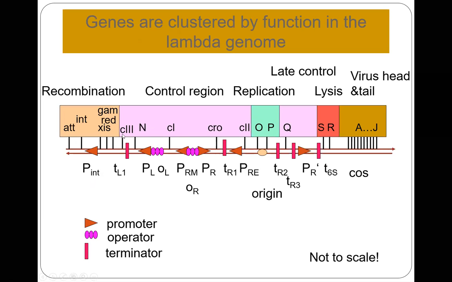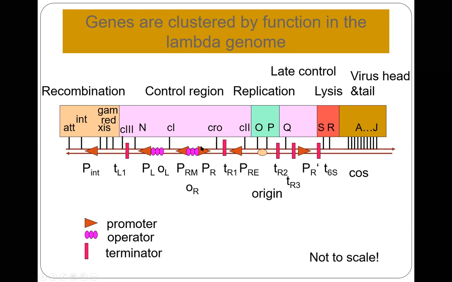The genes are cIII and cI, Cro and cII. These are the genes responsible for the process of transcription. These are the different types of genes present within the lambda phage genomic DNA. There are promoters present: one is PL, another is PR, then there is PRM.